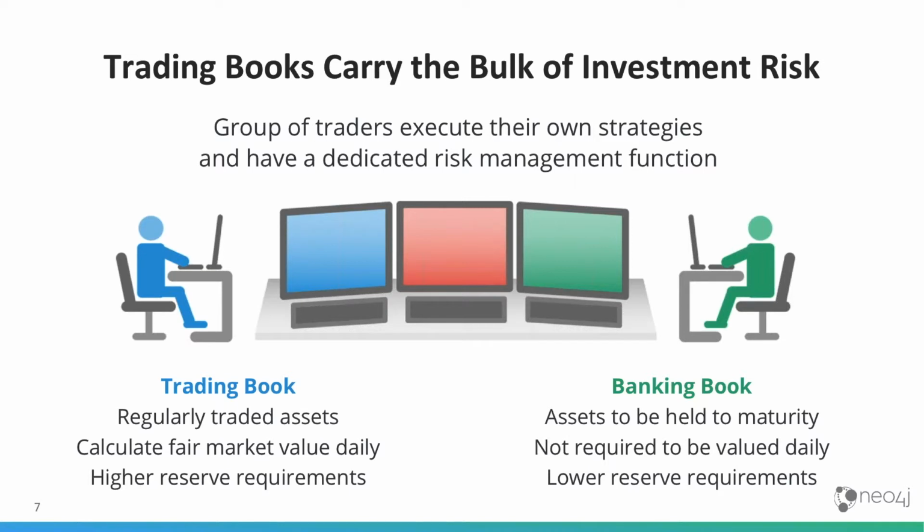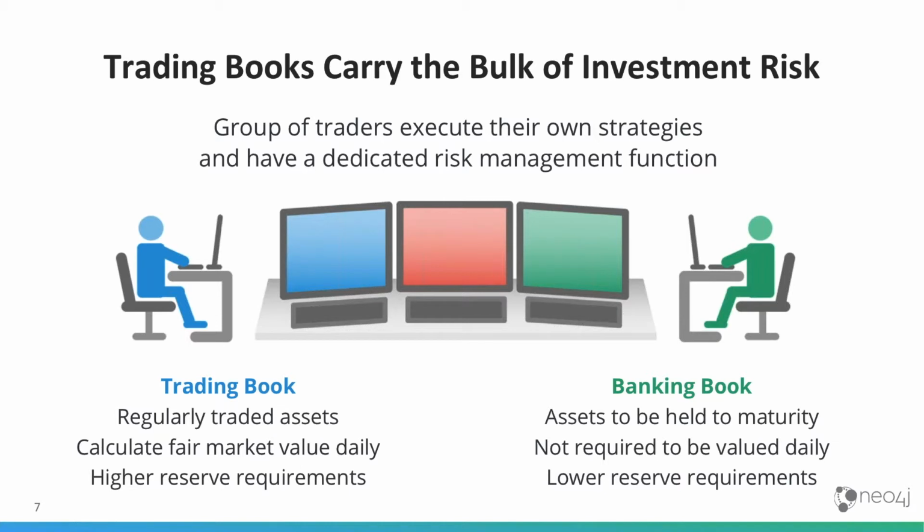But essentially what it is, the banks maintain a trading book and a banking book. And what was happening is trading books require higher reserve requirements because they're more volatile assets that they're constantly trading. Banking books are assets that are held to maturity.